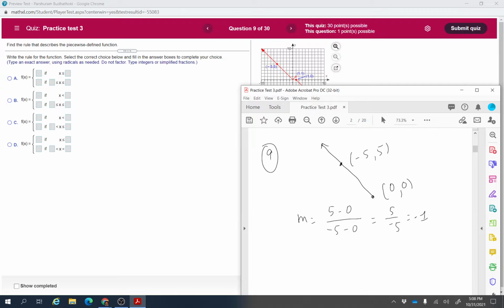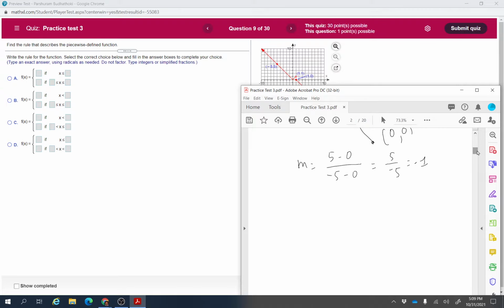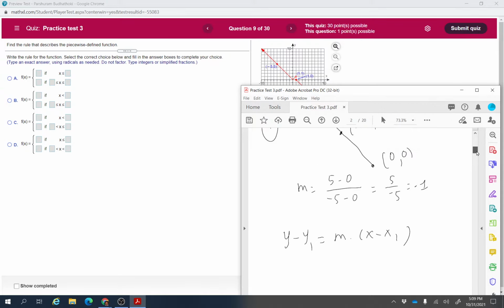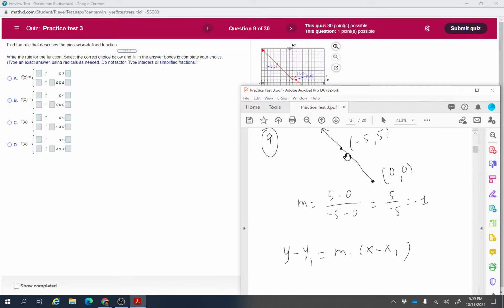And then for the equation of the line, we have this standard formula: y minus y1 equals m times x minus x1. We're going to use the very same formula for that equation of line. In this particular case, we can keep x1 and y1 as 0, 0, and the slope is -1.